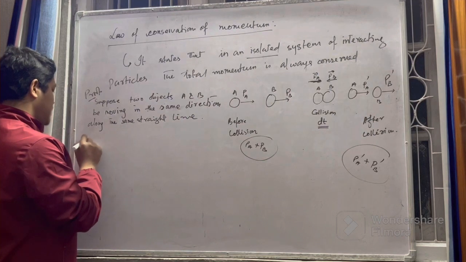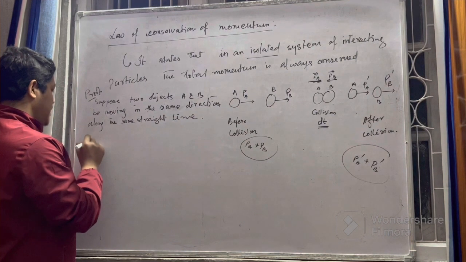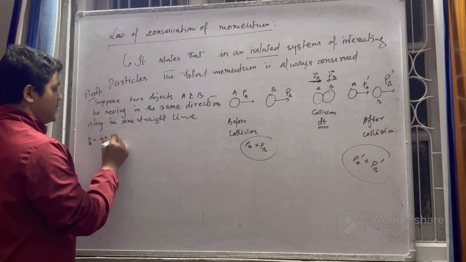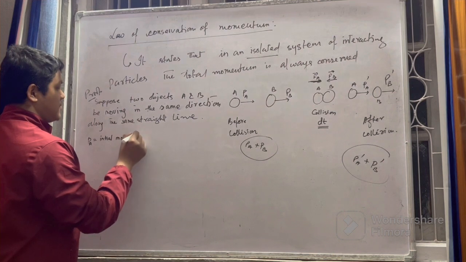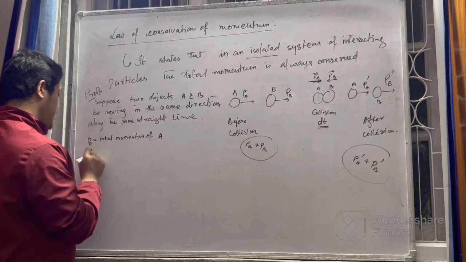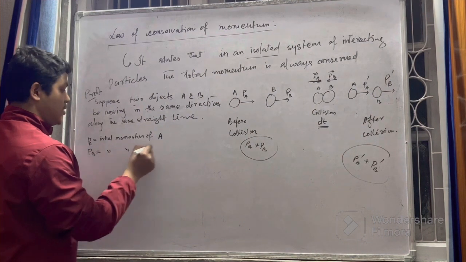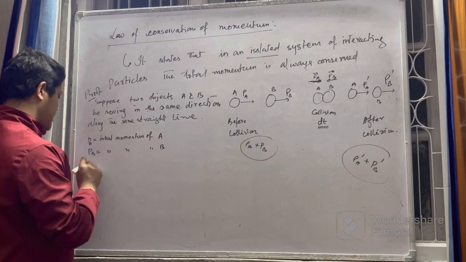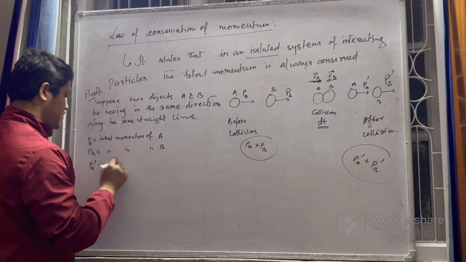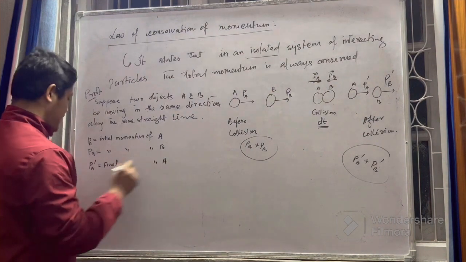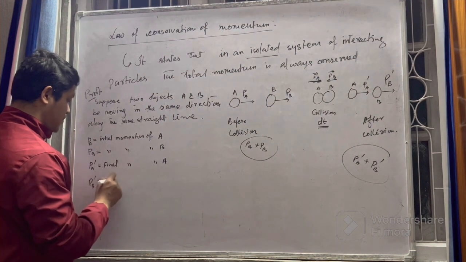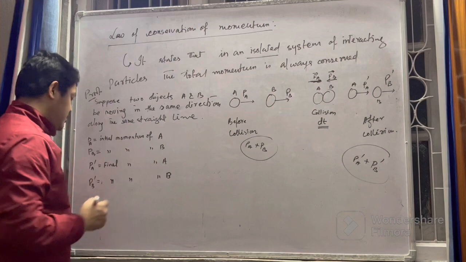Here, Pa is the initial momentum of A, and Pb is the initial momentum of B, and Pa dash is the final momentum of A, and Pb dash is the final momentum of object B, right?